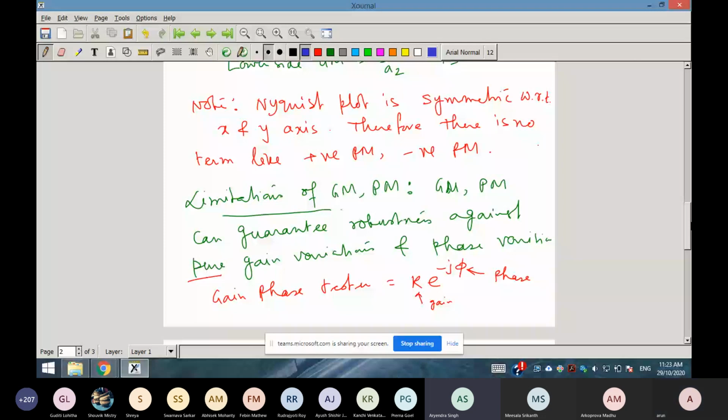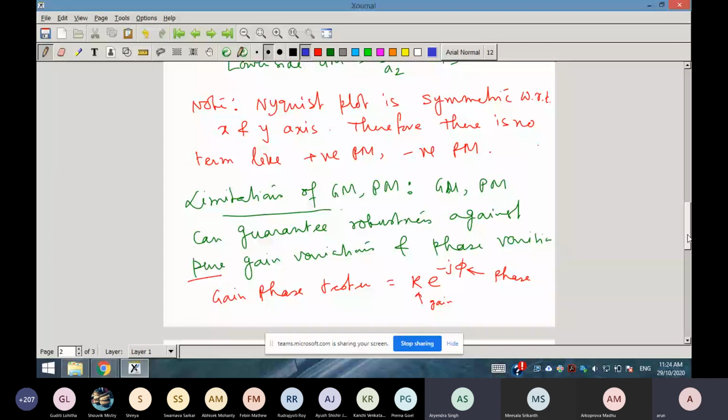The Nyquist plot is symmetric with respect to the x-axis, I think it is always symmetric, right? And now you're saying that if it is also symmetric with respect to the y-axis, there is no concept of positive or negative phase margin. How exactly?